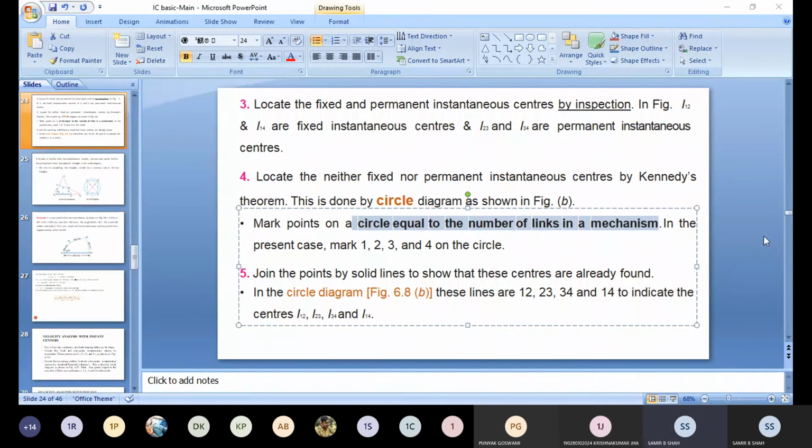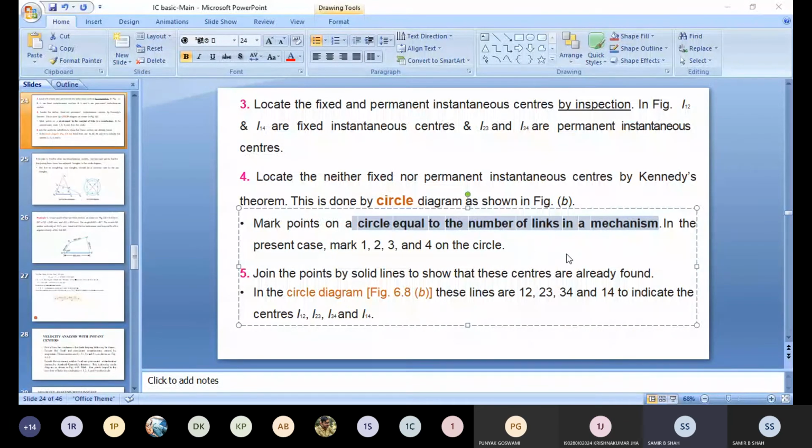It does not matter with the radius, but as given, there are four links, so you may prepare it; it does not matter with the dimensions. You may remember that when we draw the circle, at that time it does not matter with the dimensions. You may take any radius and draw the circle.